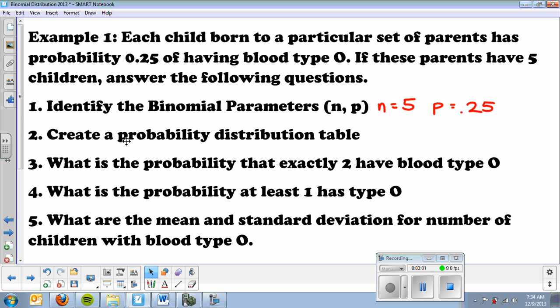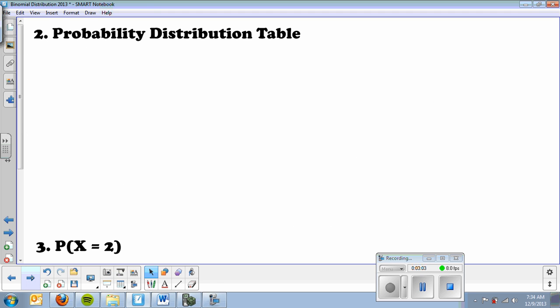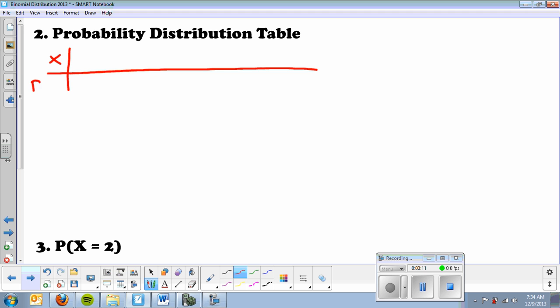All right, so we will create a probability distribution table. Now, this is not something that you will need to do every single time, but I feel that it helps us relate it to the last chapter. So x equals the number of children with O blood type.